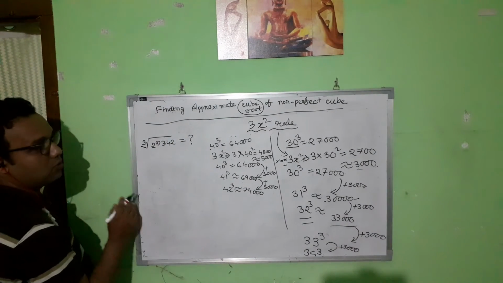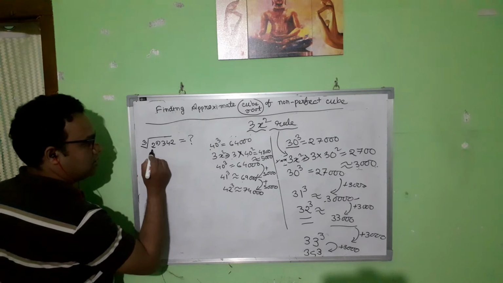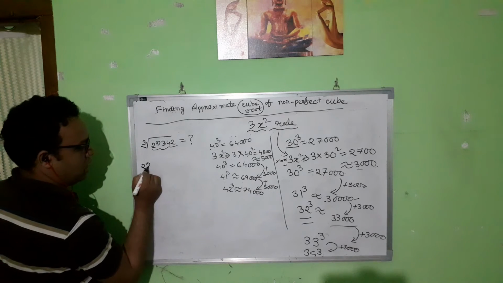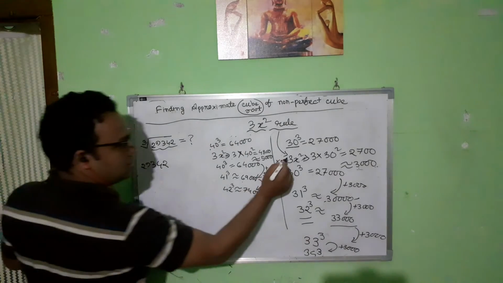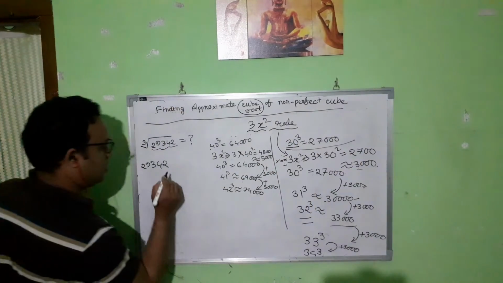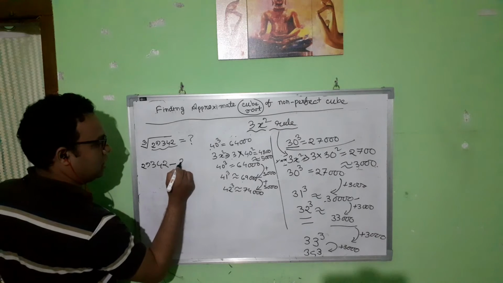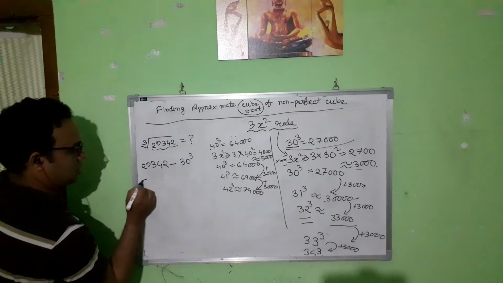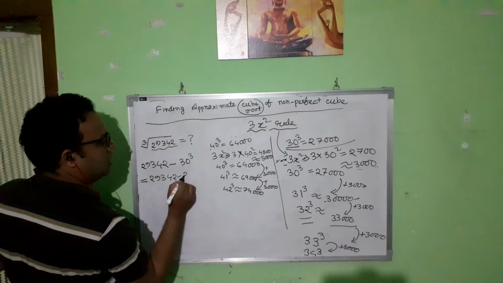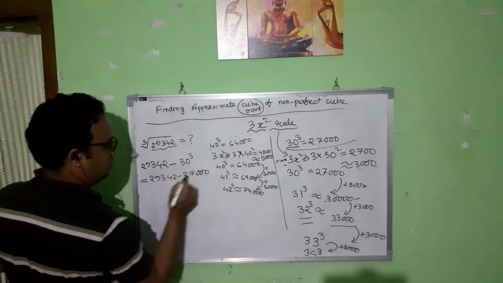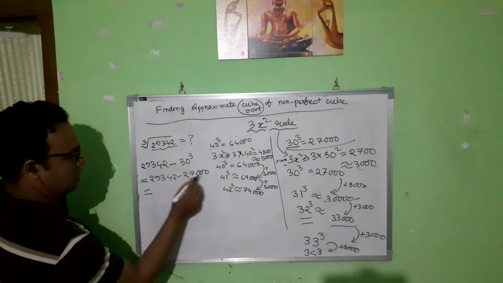And what I will do with 27,000, I will subtract it from the number 29342. 30 cube is 27,000. So if you subtract this, what will you get?